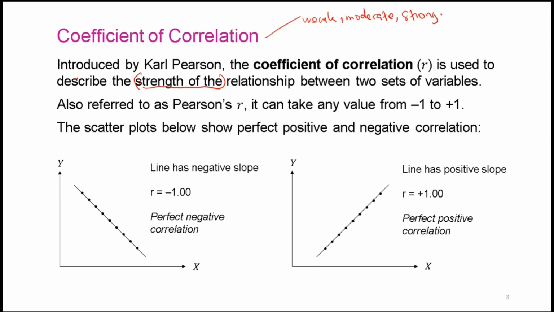So actually, simple linear regression is the same as the linear equation. If you want to find the equation of a line, we use y equal to mx plus c. So this one is also the same as simple linear regression, but we use y prime equal to bx plus a.